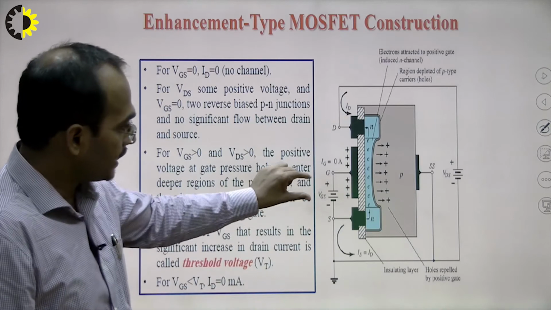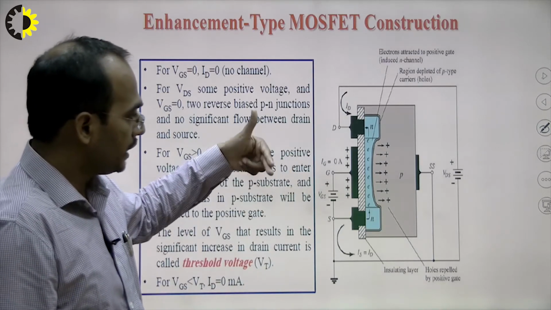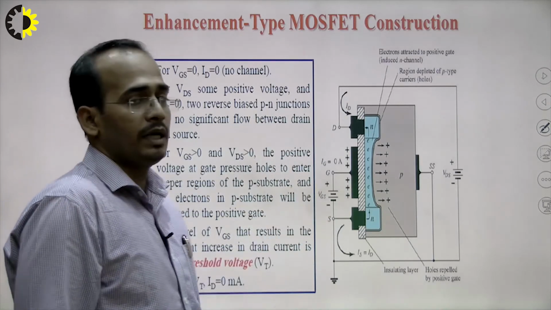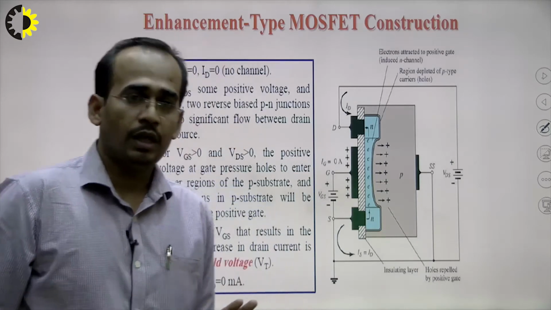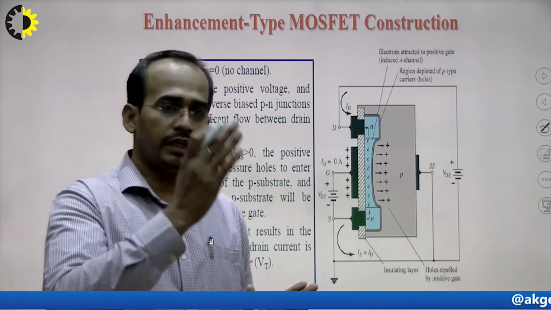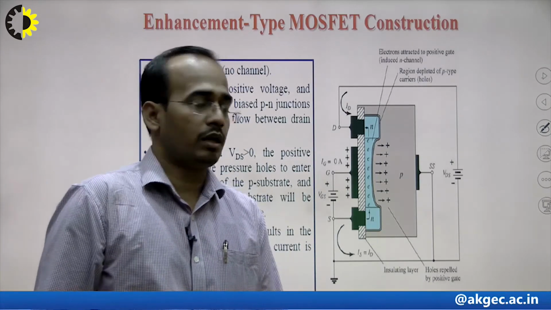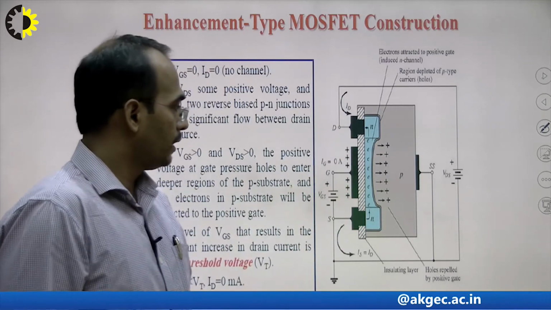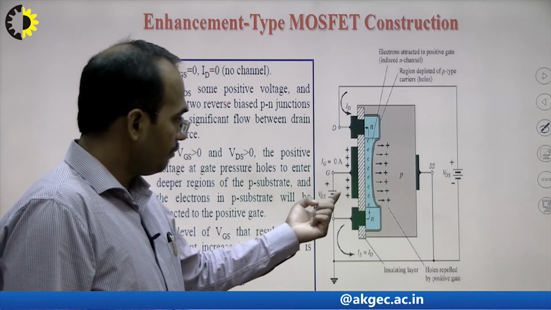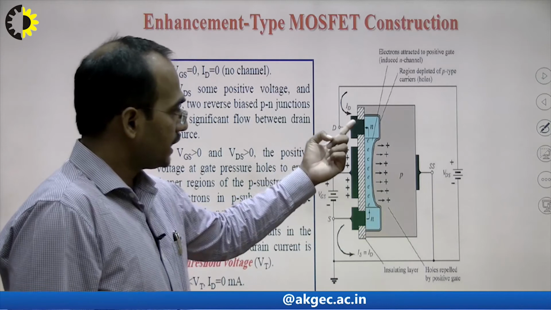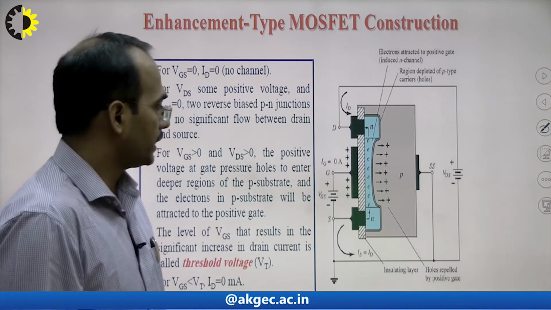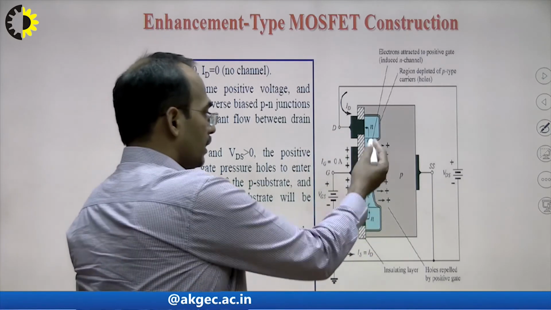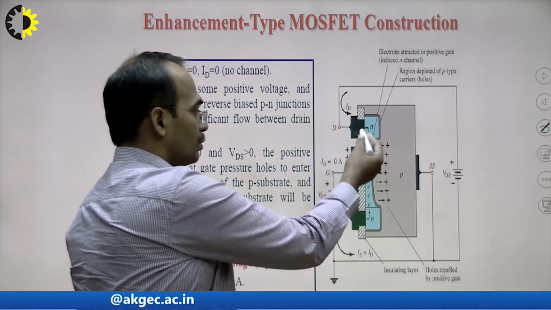As the value of VGS increases, it is not necessary that by applying positive VGS the charge carriers will immediately start accumulating near the insulating layer, in between the source and drain terminal. At a certain value of VGS the charge carriers start accumulating near this layer, and a path will exist between source and drain terminal.